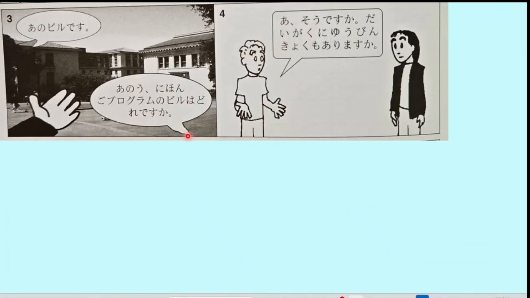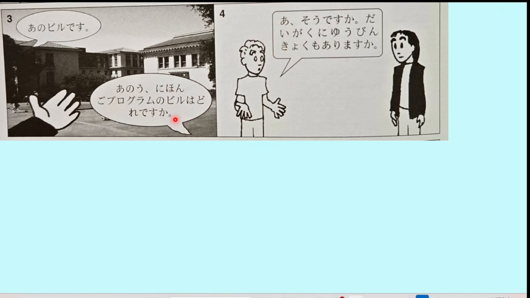Miller is not visible here, but he is asking: "Ano, Nihongo puroguramu no biru wa dore desu ka?" Earlier it was "doko desu ka". Now the same question has been asked with "dore desu ka".